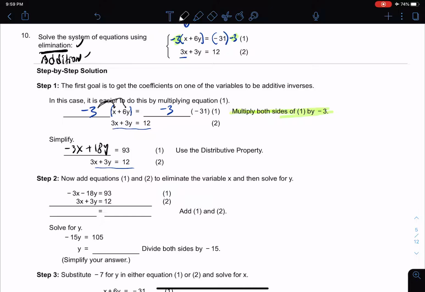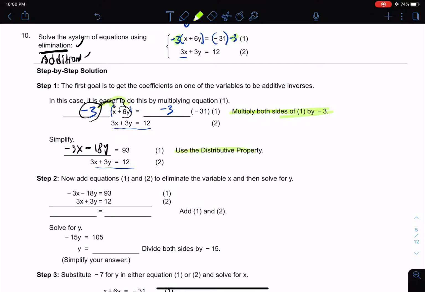Oh, I take that back. Little mistake there. A negative times a, no? Yep. A negative times a positive makes a negative. There we go. -18y. Okay, so now it says use the distributive property. That's what I just did, right? I distributed using the distributive property to get to that line.